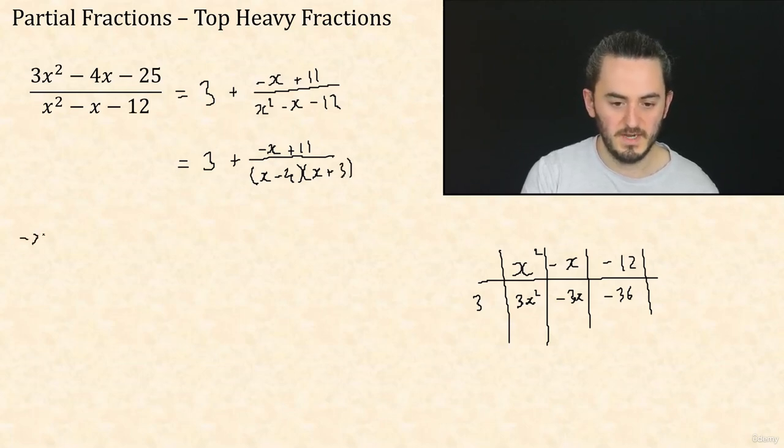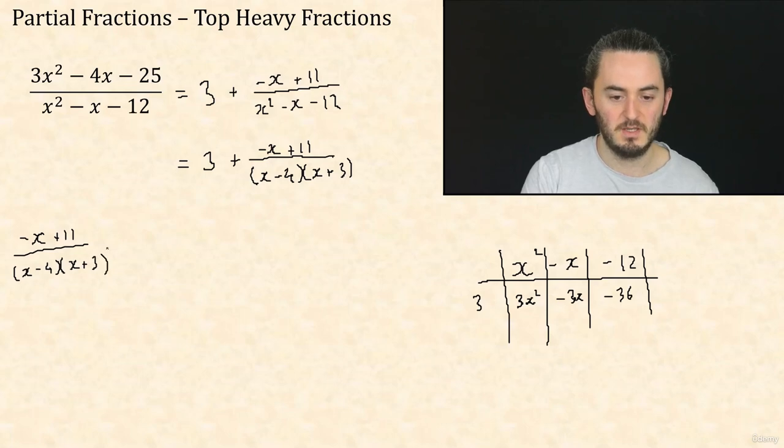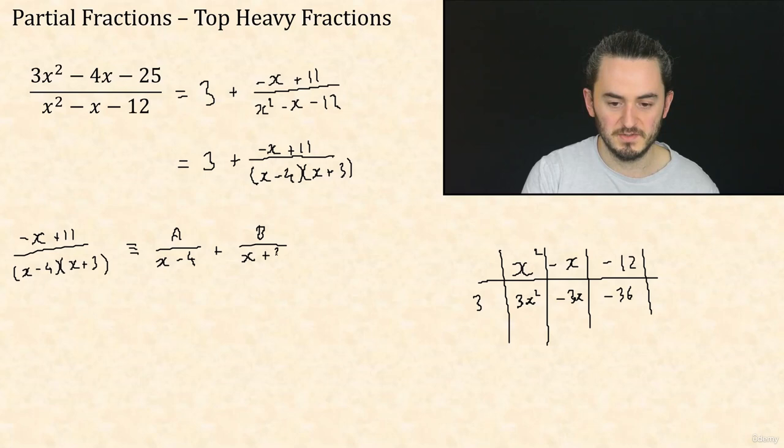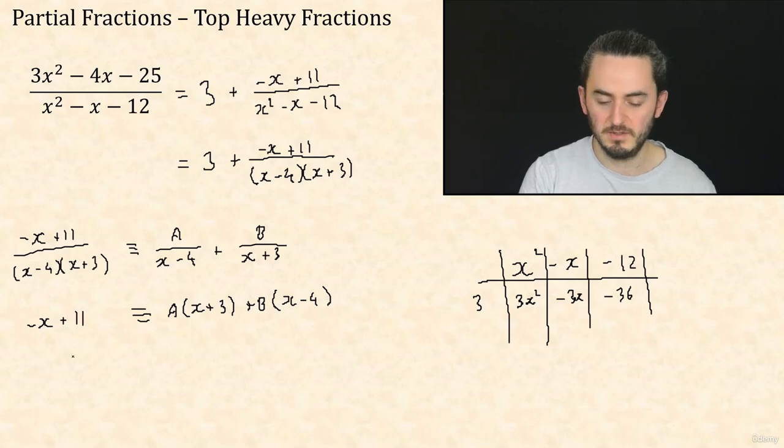I want negative x plus 11 over x minus 4, x plus 3 to be identical to something over x minus 4 plus something over x plus 3. Okay, look at the numerators. The numerator here would be a times x plus 3, and the numerator here would be b times x minus 4. The numerator on the left-hand side is minus x plus 11.